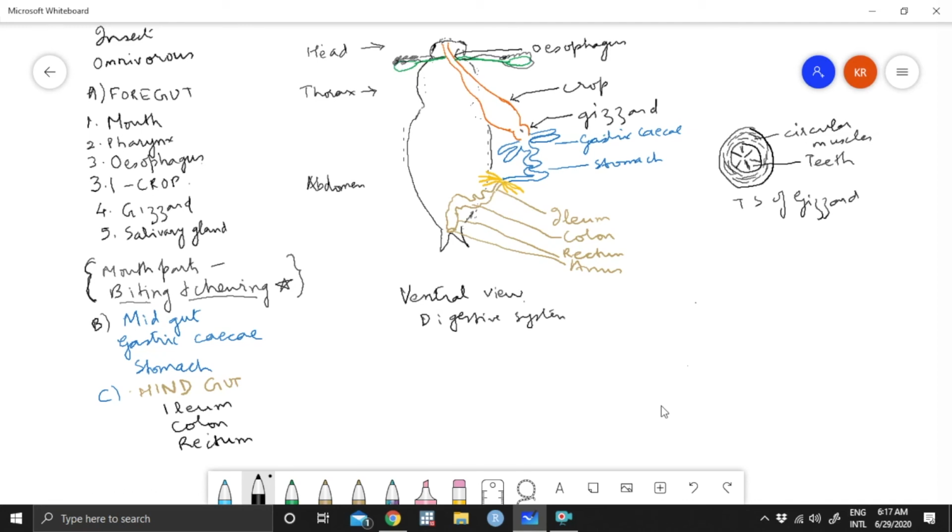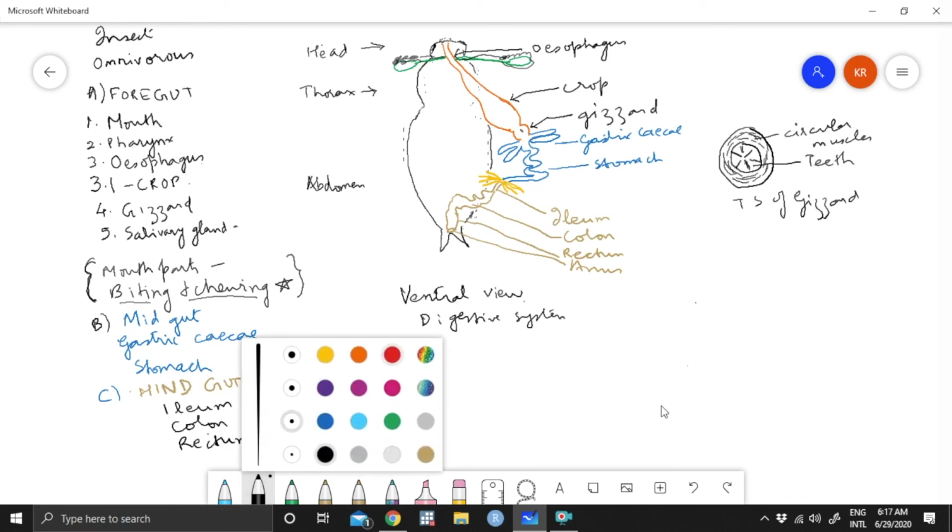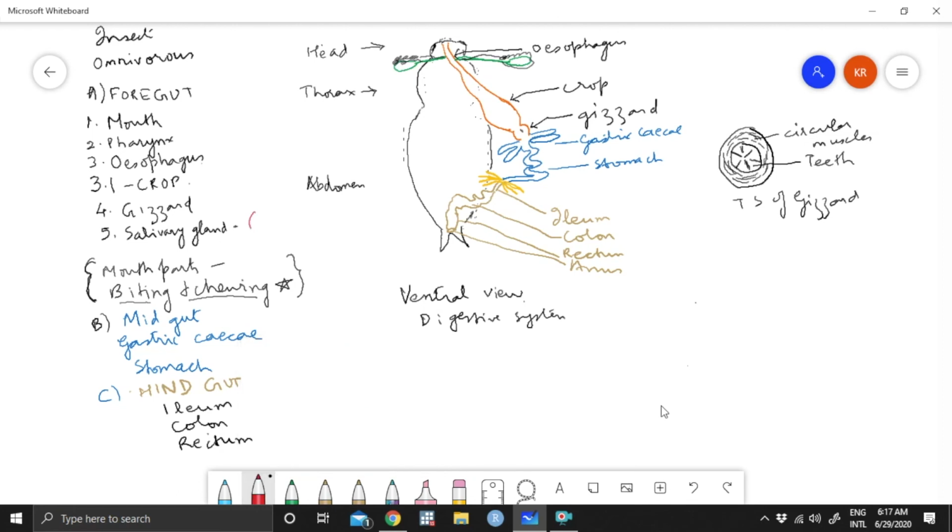If we are talking about the physiology of digestion, some amount of digestion begins with the salivary glands over here. Salivary glands give out the enzyme amylase, which is important in digesting all the carbohydrates.